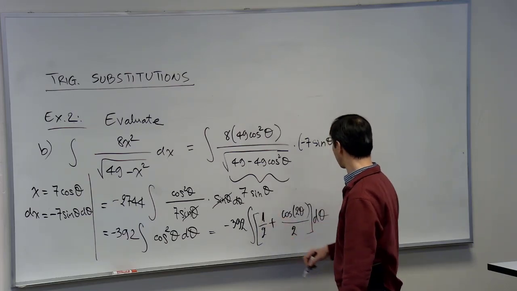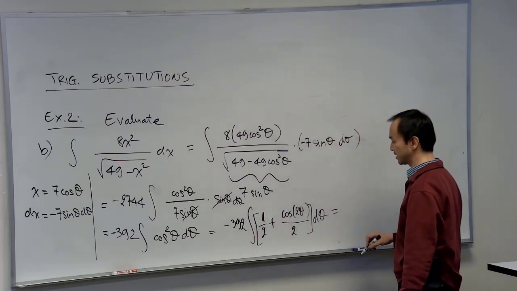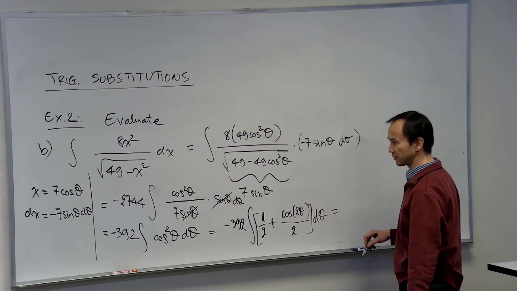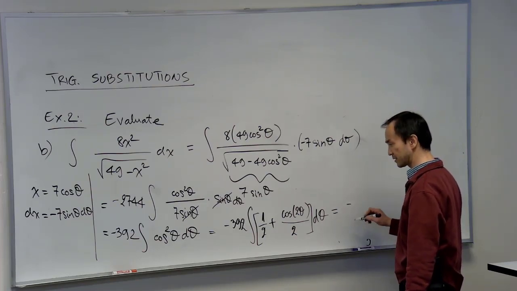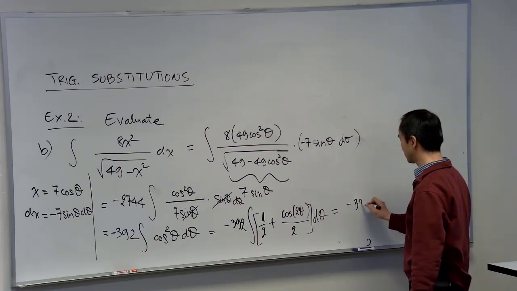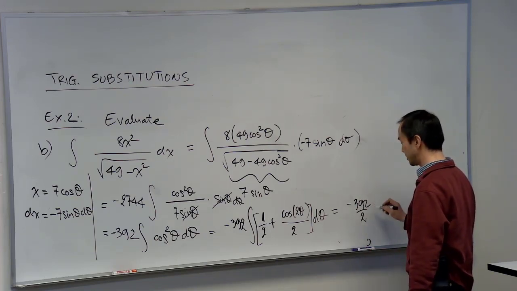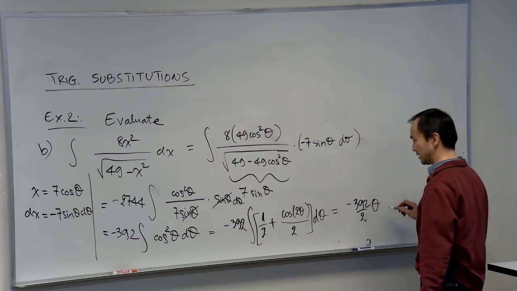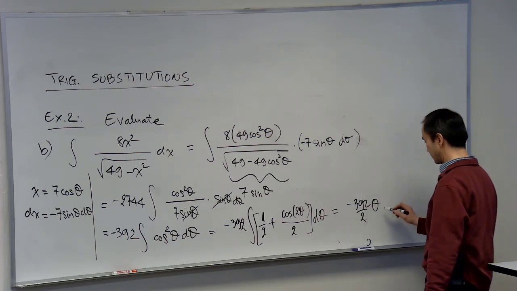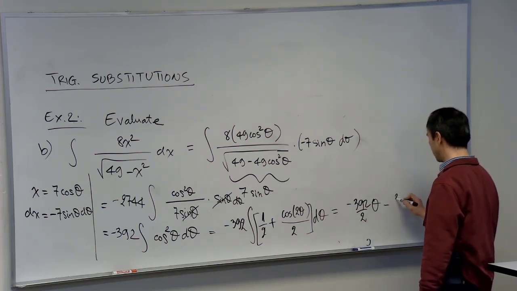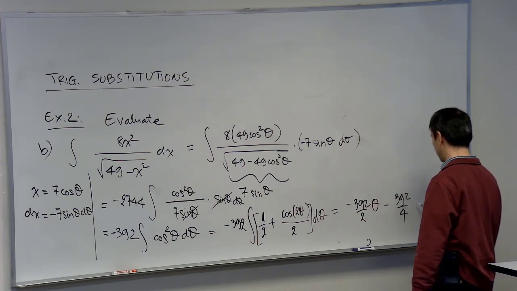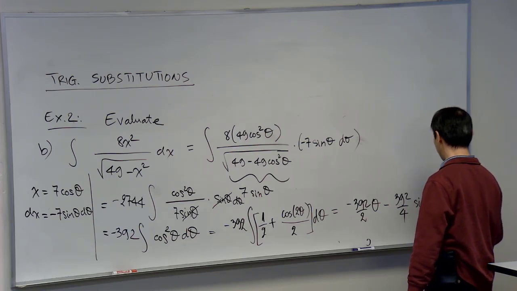So we're going to integrate that by doing 392, so keep breaking that in half, so minus 392 over 2, which can be reduced, theta, right? And then minus 392 over 4 with the sine 2 theta plus c.